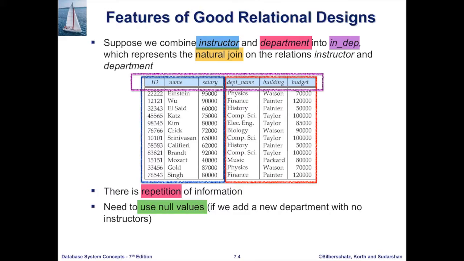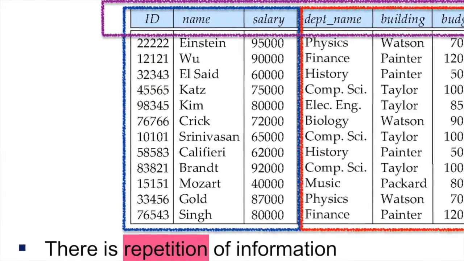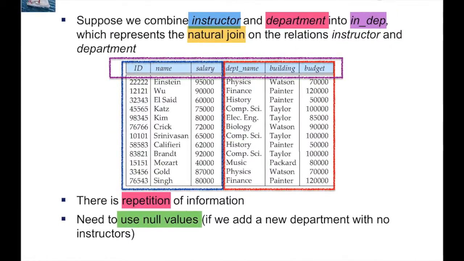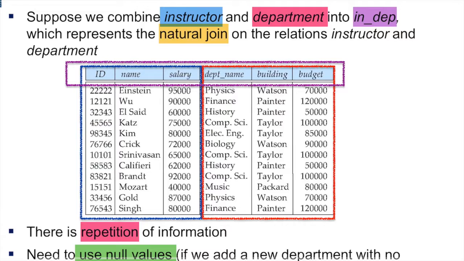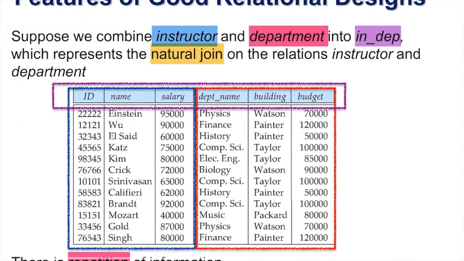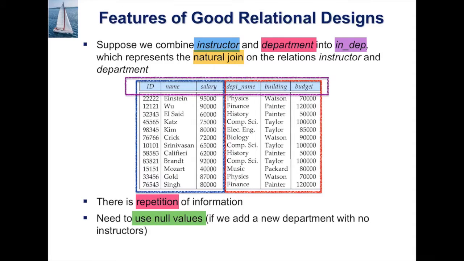In the instructor, meron tayong ID, name, and salary, and then for the department, we have the department name, building, and then the budget. So suppose we produce the natural join between the two tables, we can have, let's say, in_dep, and this represents the natural join of the two relations.